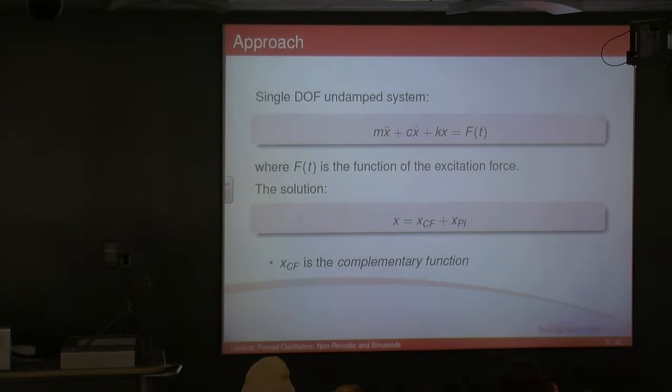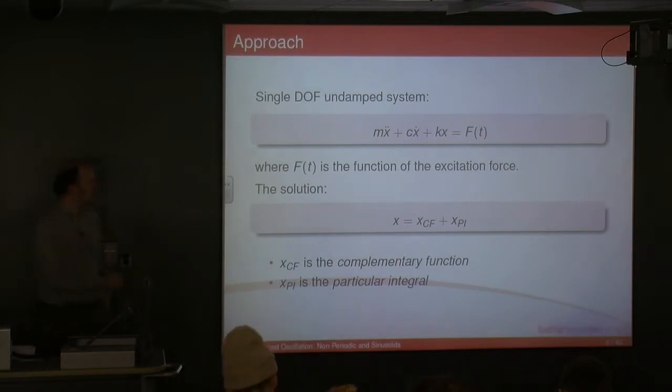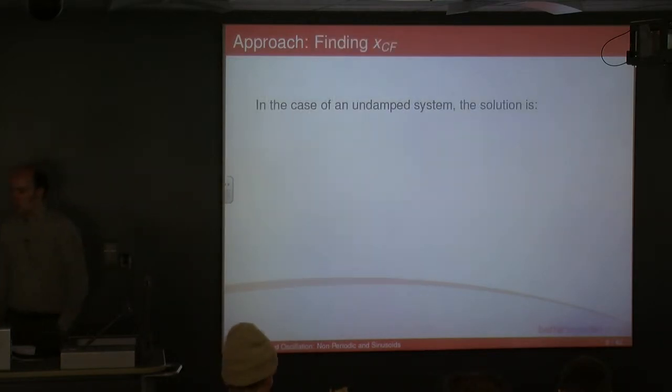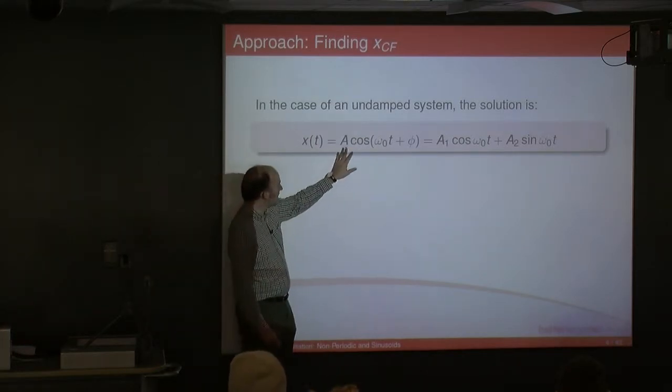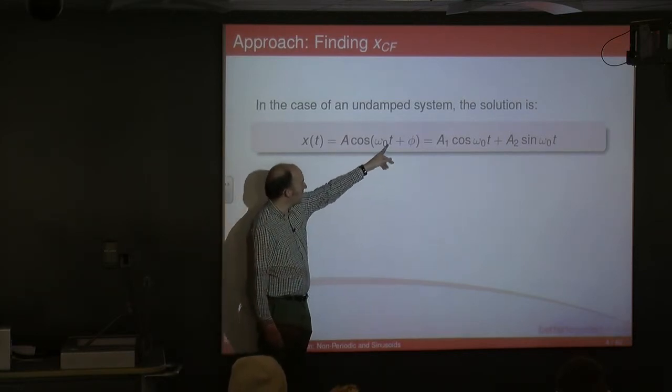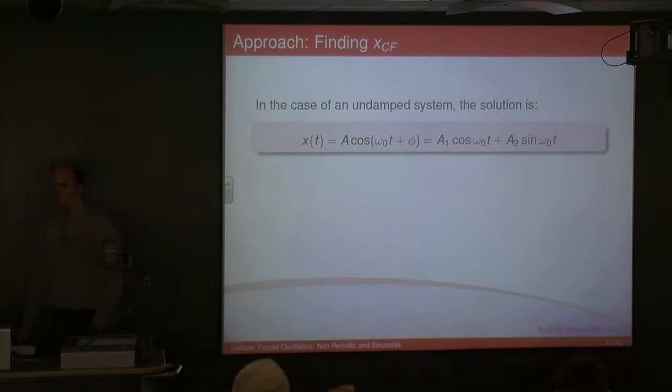xcf is a complementary function, and xpi is a particular integral. Like I say, the complementary function is the free response, and pi is due to the forcing function being applied. In the case of an undamped system, the solution looks like this. We've seen this before. You've got an amplitude times cosine, with a frequency of omega naught, which is the natural frequency of the system.